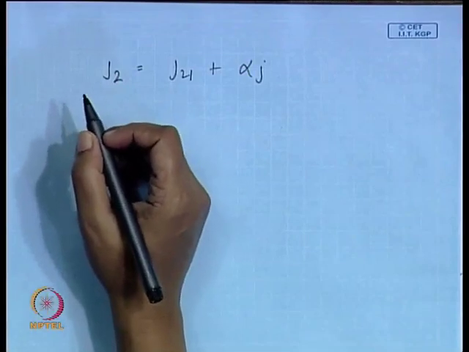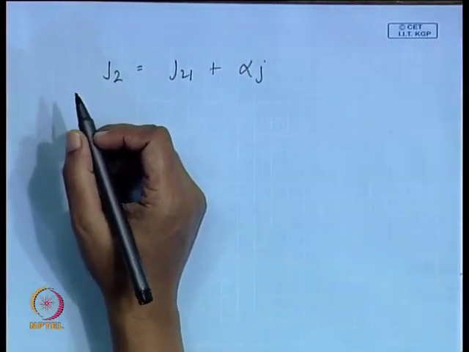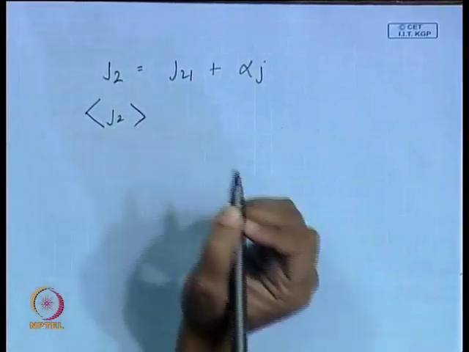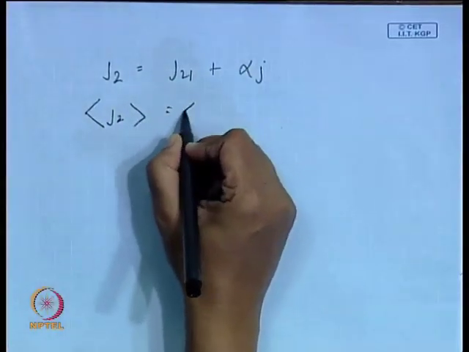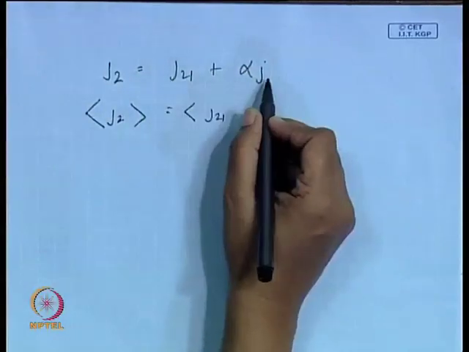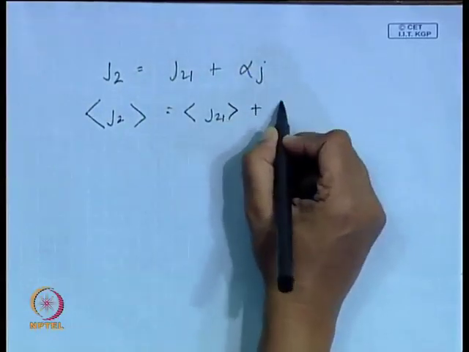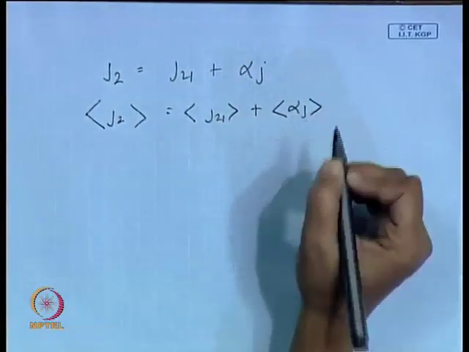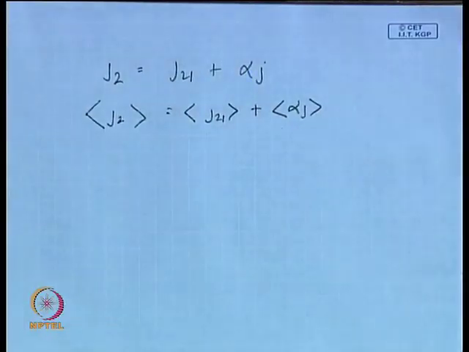Now, whenever we write down averaged over the cross section, we usually denote it by this particular symbol. What we mean is that all these quantities are averaged over the entire cross section.